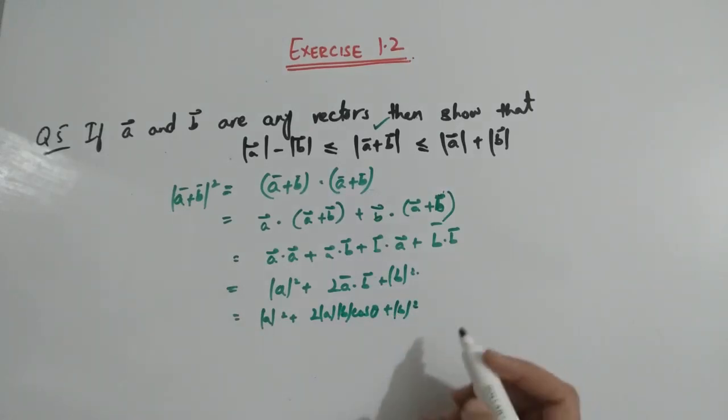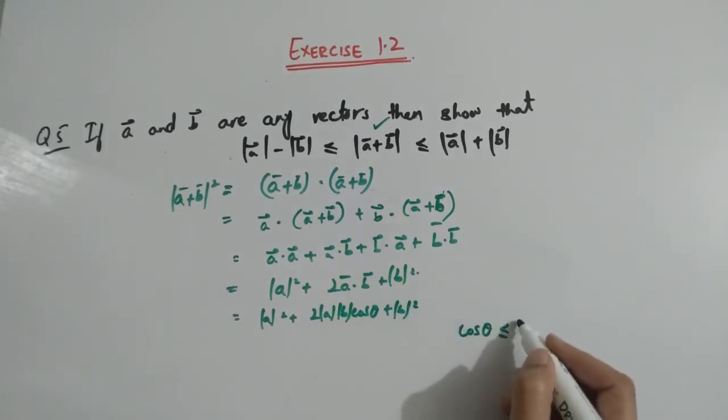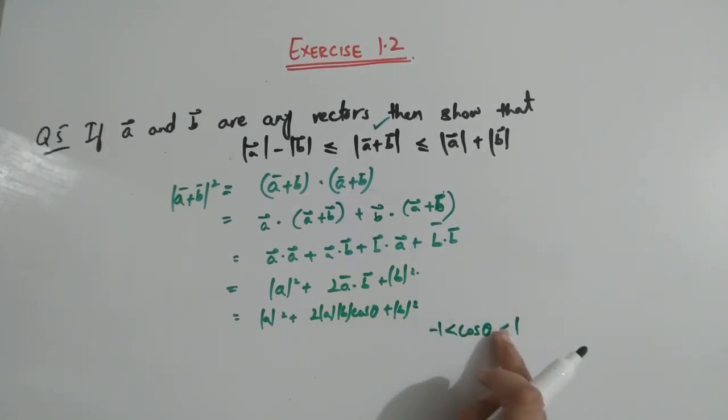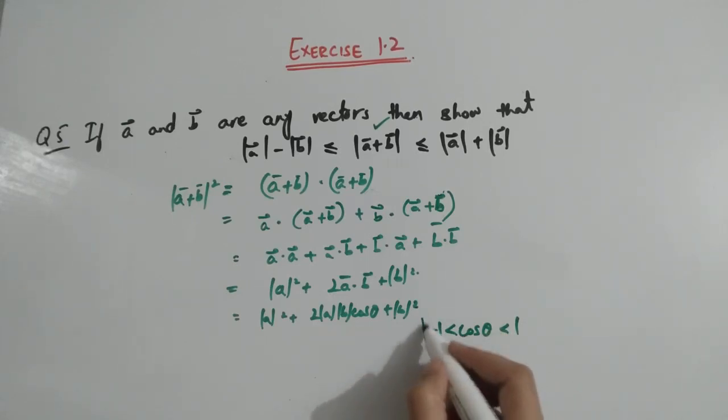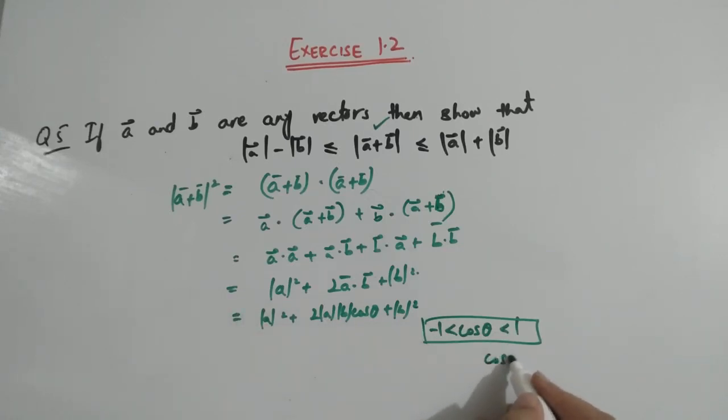Now the range of cos theta is less than or equal to 1. You will write it like this, plus minus 1. The range of cos theta is this. So cos theta is less than or equal to plus minus 1.